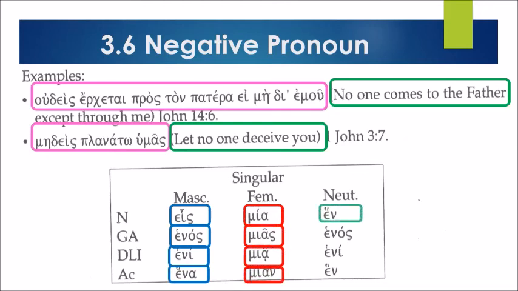Neuter: hen, henos, heni, and hen. So as you can notice, the genitive, ablative, and the dative in the neuter and masculine are the same in form. But of course, it's different in the nominative and accusative. But as you can see, the feminine has a very different form altogether.